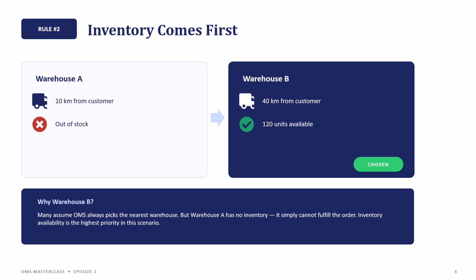The OMS first confirms that the inventory is available and reserved for this order. Only then does it consider other factors like delivery commitment, warehouse capacity, and business rules. If the preferred warehouse does not have sufficient inventory, the OMS immediately looks for the next best fulfillment location. In short, without inventory, there is no fulfillment. That's why inventory availability is always one of the first and most important checks performed by the OMS.